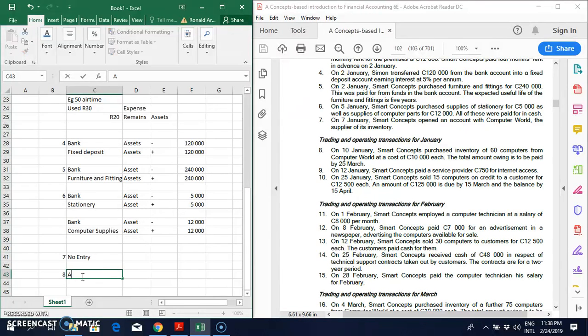No. So we owe them. When we owe them, what do we call it? Accounts payable. It's a liability to the business. And that's increasing with 600,000. That's the 60 computers times 10,000.